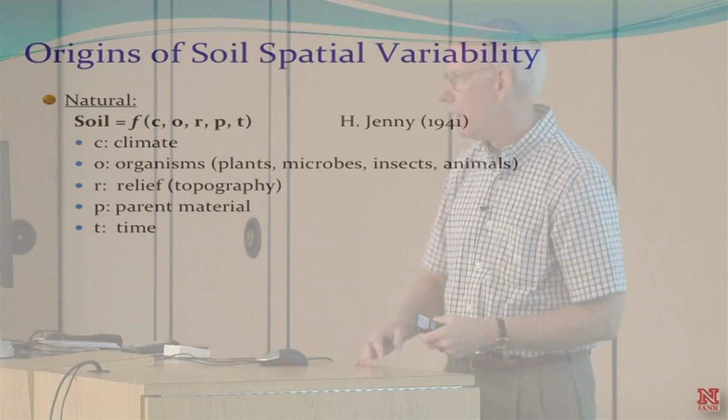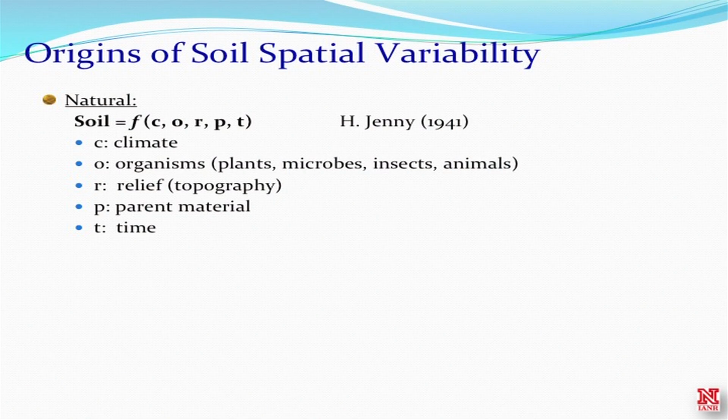So, hopefully you may have been exposed to this concept of the five soil forming factors. And I think maybe we've alluded to those earlier today: climate, organisms, parent material, relief, and time. They can have somewhat different names, but these are the factors that result in soils differing between Nebraska and North Carolina.